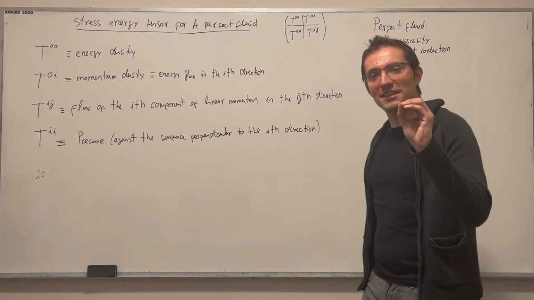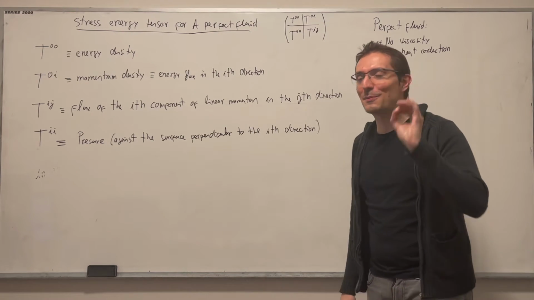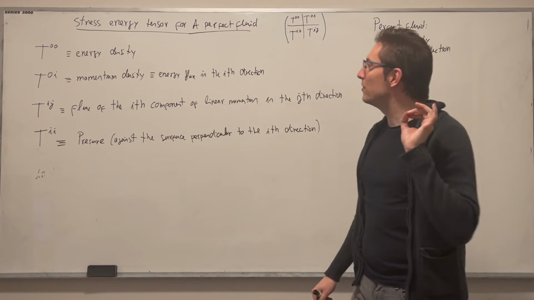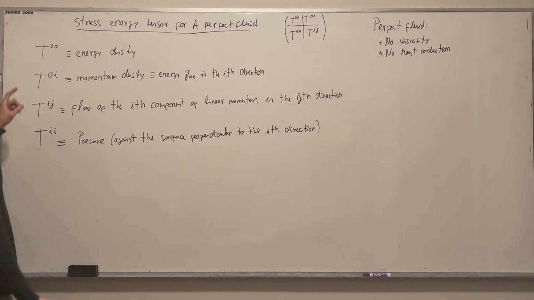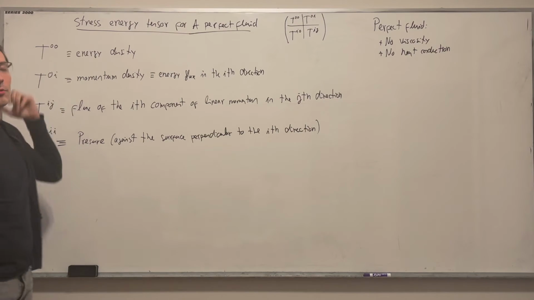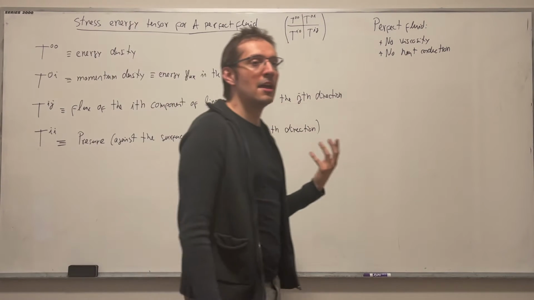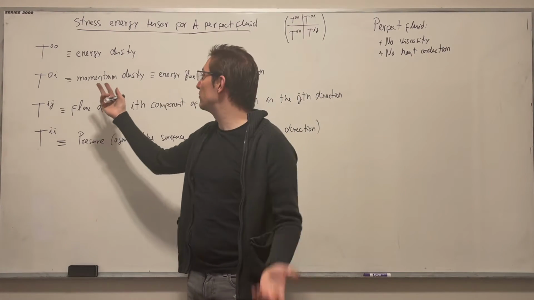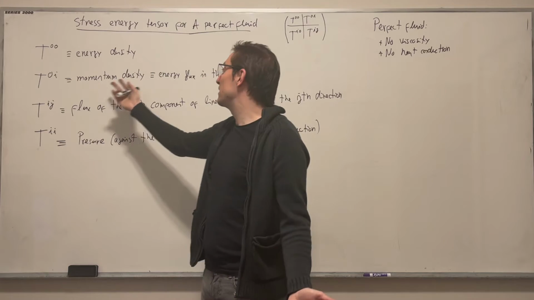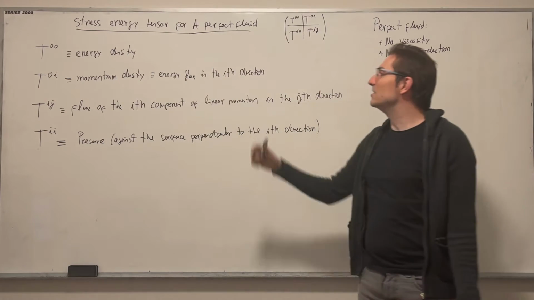Now, there's a lot of physics in doing this, so let's pay attention to the different meanings of the components of the stress energy density. I have here the T^{00} component that we saw was literally an energy density, right? Then we have the 0i components that you can interpret in different ways, the momentum density, but that's the same as the energy flux in the i direction.